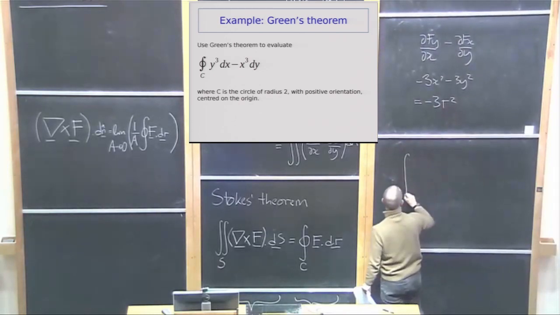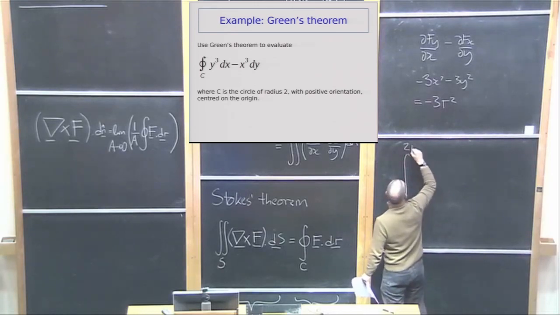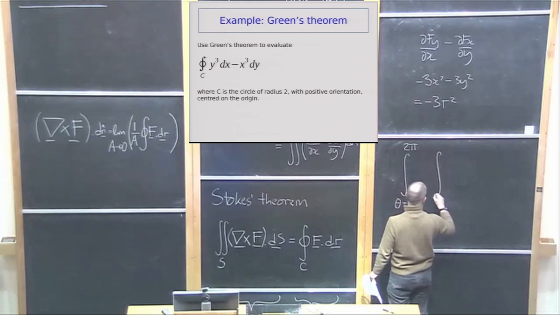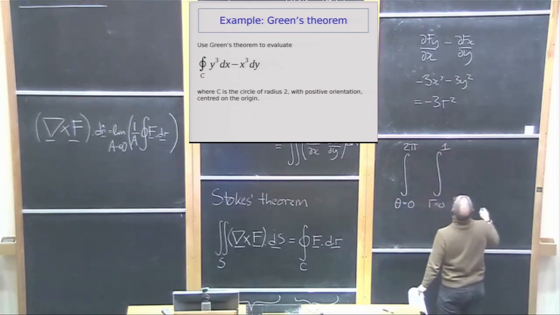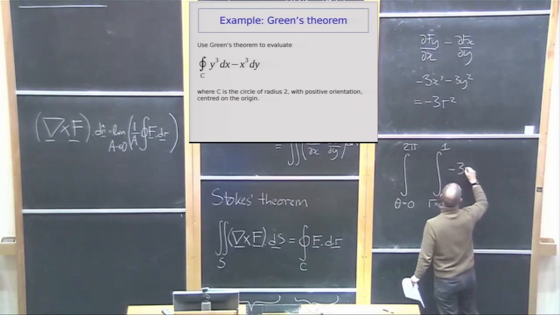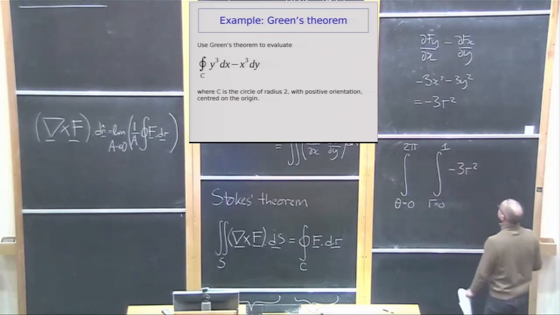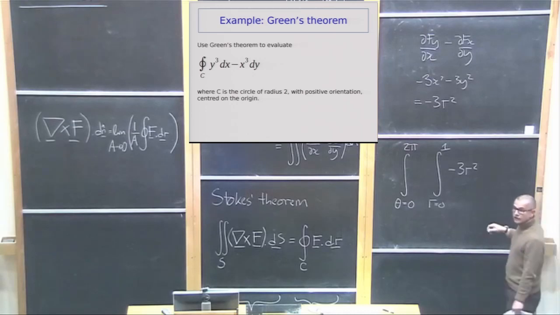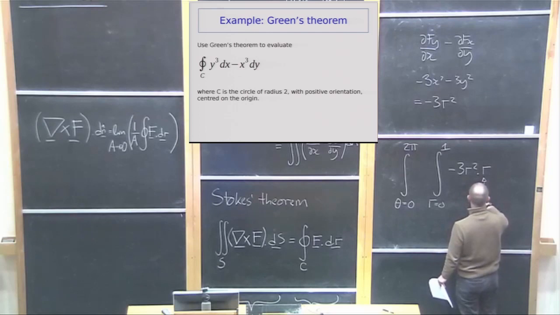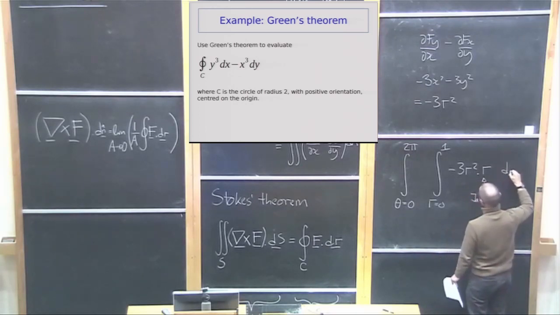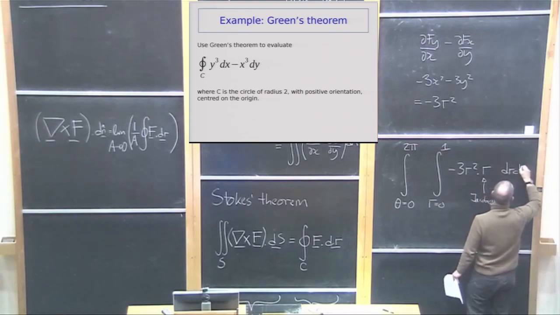So our integral then is going to be theta between 0 and 2 pi, r between 0 and 2, of minus 3r squared. Now I've taken an expression which was in x and y coordinates and changed it to plane polar coordinates, so I have to put in another r, which is the Jacobian, and then I integrate this with respect to dr and d theta.